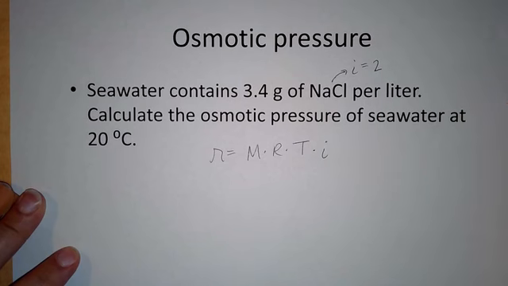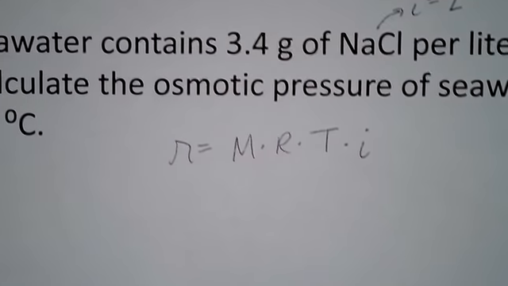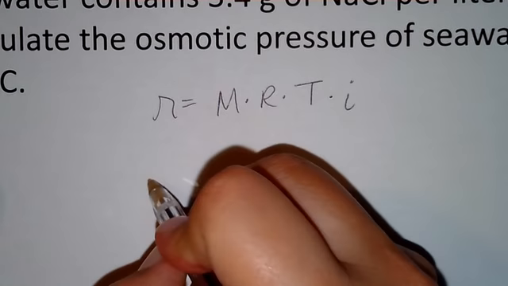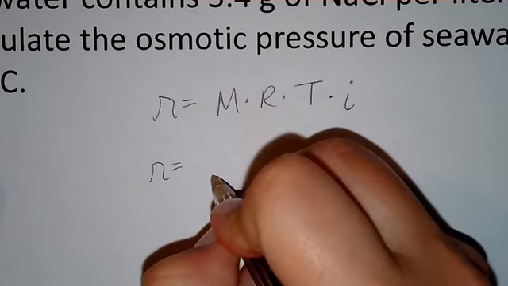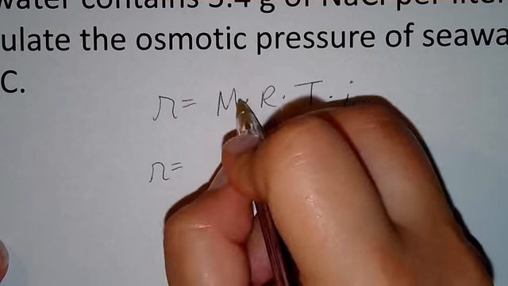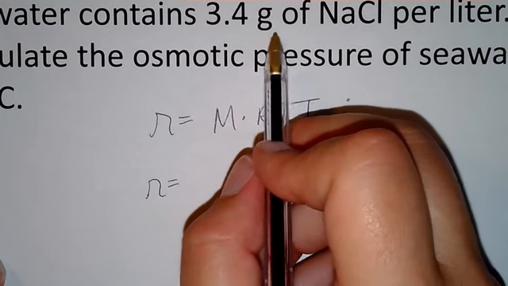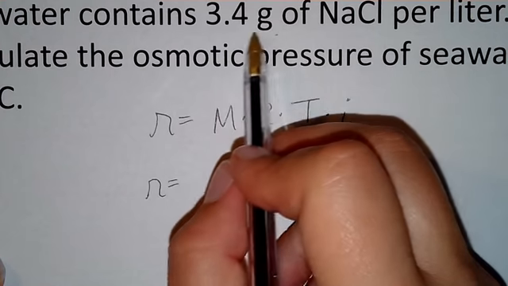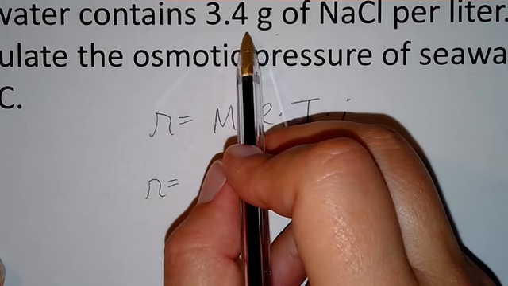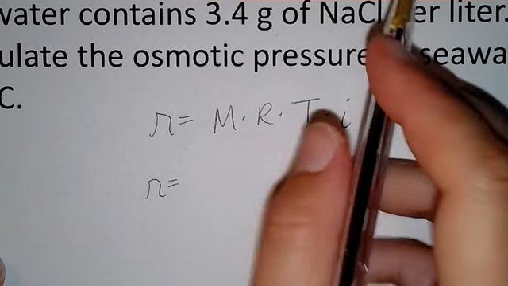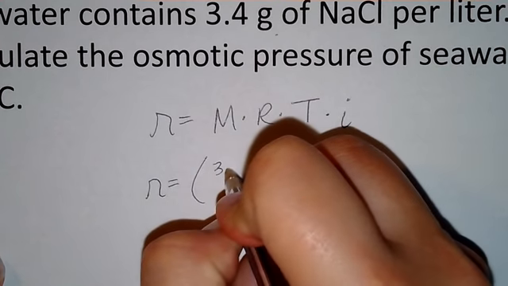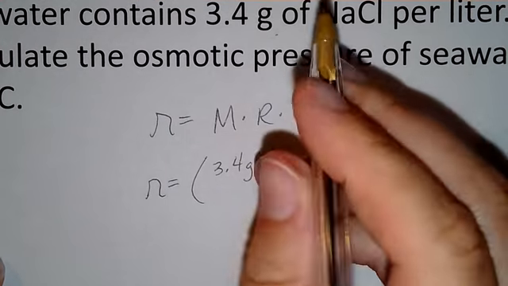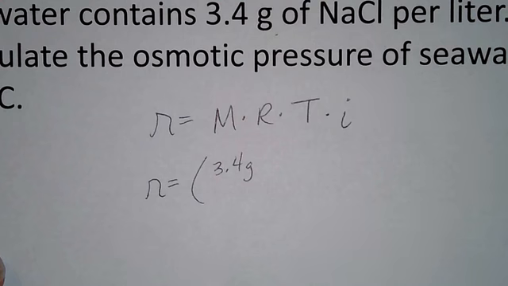So now we're looking for osmotic pressure. We have 3.4 grams per liter. We need to convert that to moles in order to get molarity. So 3.4 grams, we're going to divide by molar mass of sodium chloride, 58.5 grams per mole.